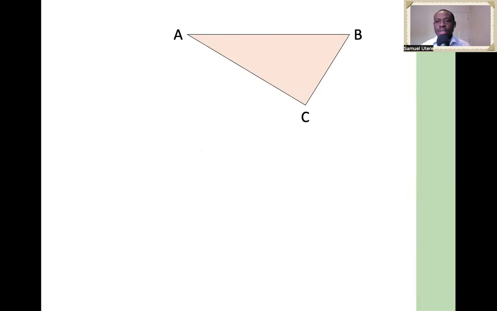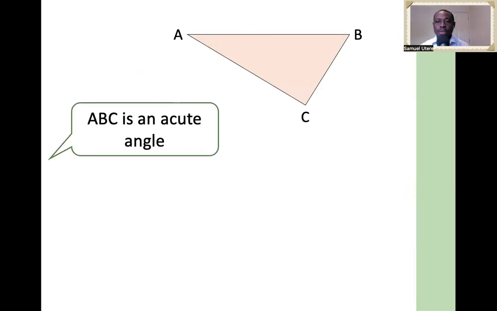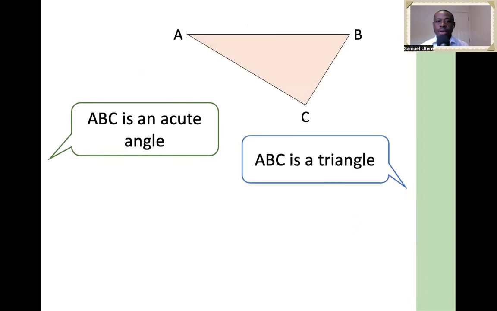But there are other things we need to pay attention to. Remember, we have to be really specific with our labeling of quadrilaterals, triangles, and other polygons. So if I say ABC is an acute angle, and I also say ABC is a triangle, which of these statements are correct?